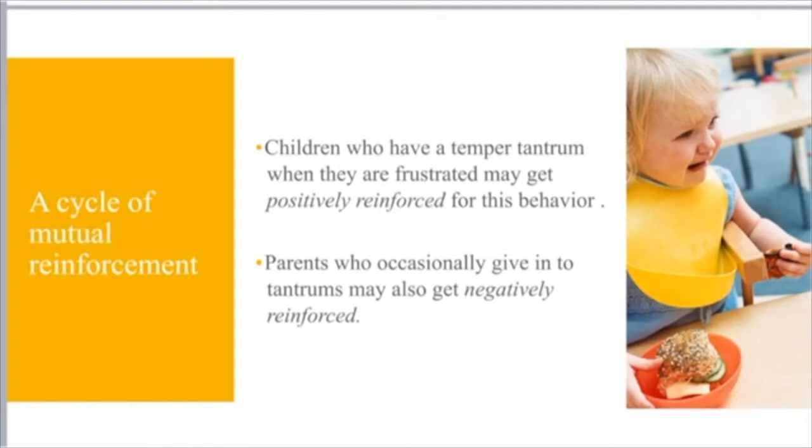They're going to be more likely because they've been positively reinforced to do that again in the future, right? On the flip side, a negative reinforcement might come from the parent's perspective, right? The kid stops the tantrum. I gave them a sandwich and they stopped their tantrum. I'm more likely, right, to do that again because it removed the uncomfortable situation I'm in with my kid having a tantrum.